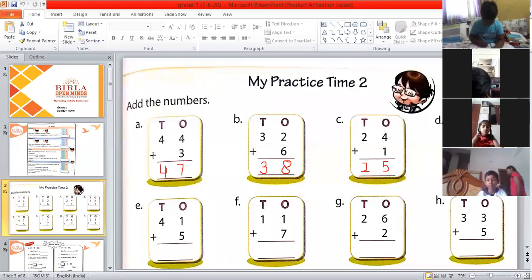Yes. 12 plus 2. Very good. Now we have to add numbers in ones place here. So now tell me, 2 plus 2 how much? 4. Very good. So we will write 4 here in ones place. And in tens place, what will we write? 1. Yes, there is no other number. So this one will come as it is. So the answer is 14. Very good.